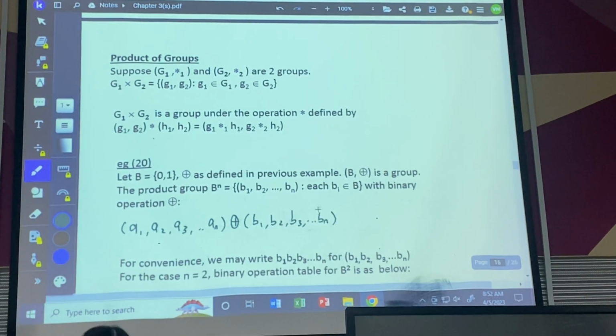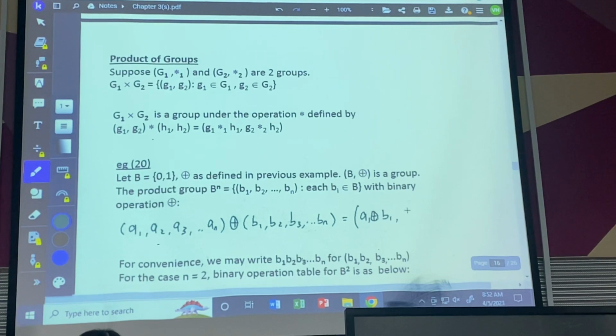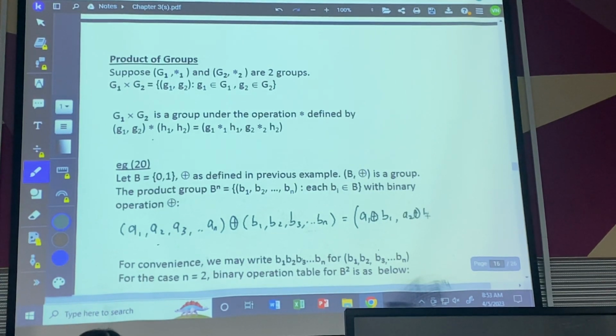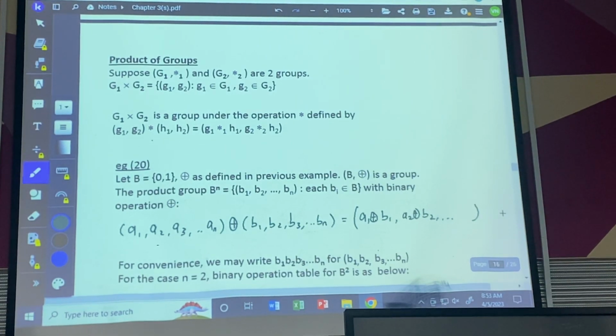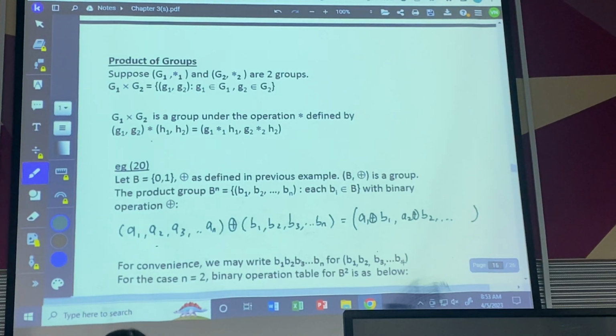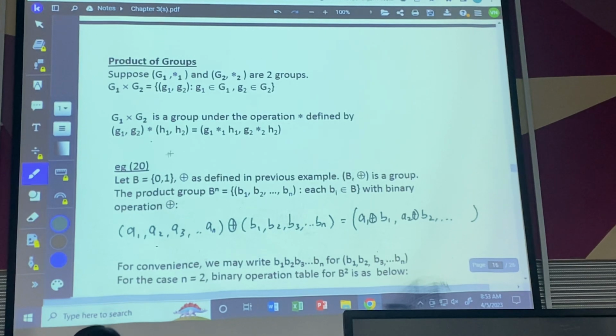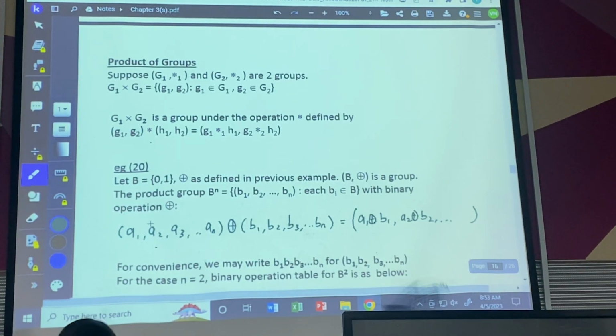If you want to combine them using exclusive OR, the first element is exclusive OR with the first element, the second element with the second element, and so on. Just do it like this, using the operator given. Sometimes, because these are 0s and 1s, we don't put the comma. Sometimes we just write 0 0, 0 1 like that, without the comma.